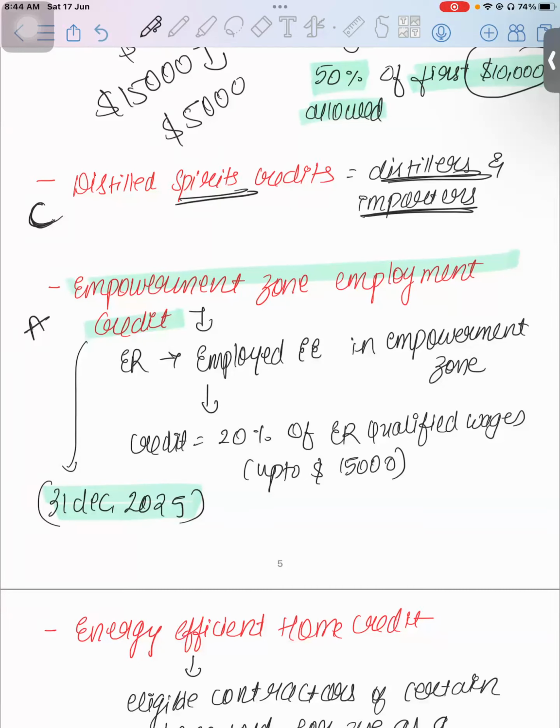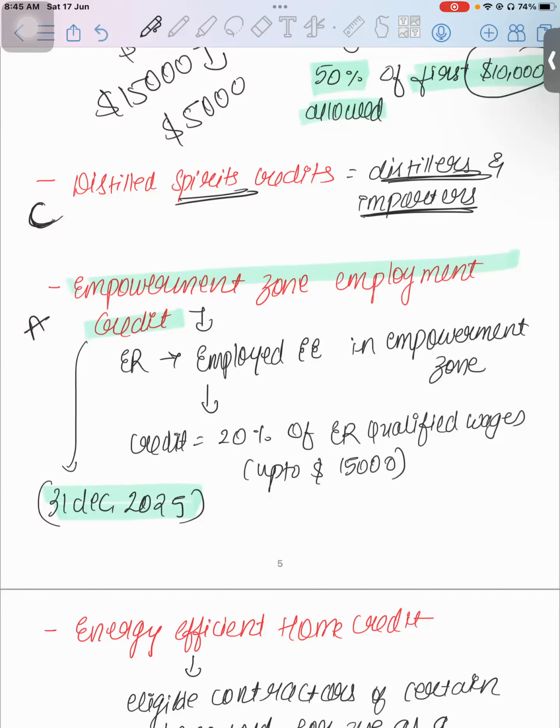If you are employing some people from there only, like let's say I have a manufacturing facility in a particular state and that particular zone is declared as an empowerment zone, and in that manufacturing facility I'm hiring the employees, the labor from that state only. Okay, I'm not hiring from outside, from other states, and then asking them to come over there.